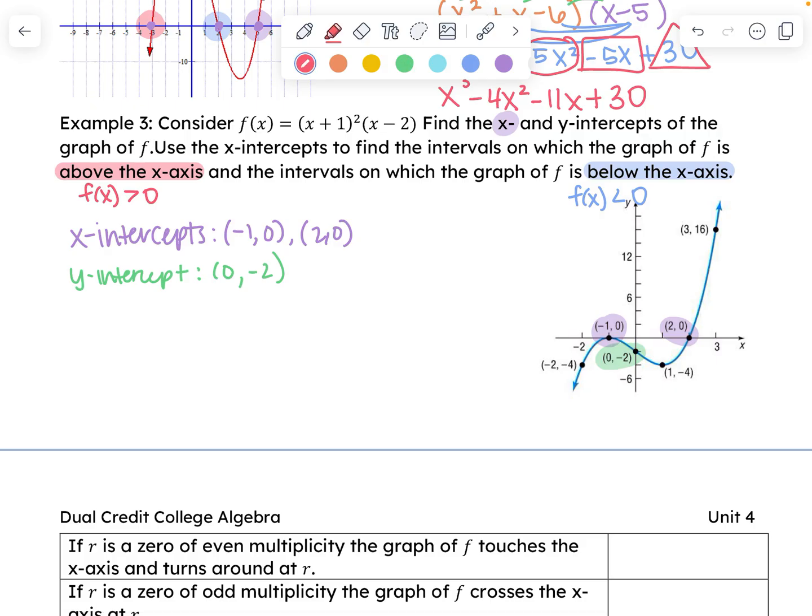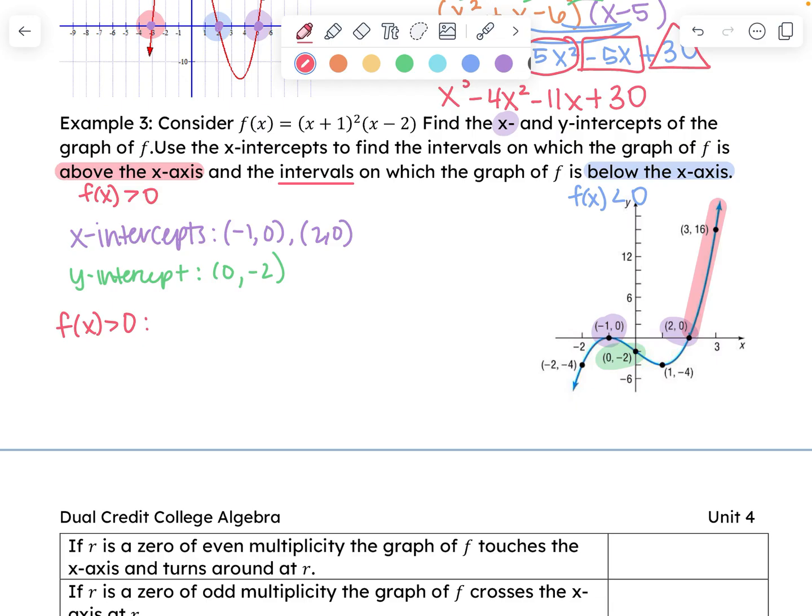But the x-intercepts are really what's helpful when you're trying to find where it's above the axis and where it's below the axis. So if I'm looking for where f of x is greater than 0, that's going to be this part of my graph over here, where it's above the axis. I'm looking for my x values that make that happen, so I'm looking for the domain intervals.